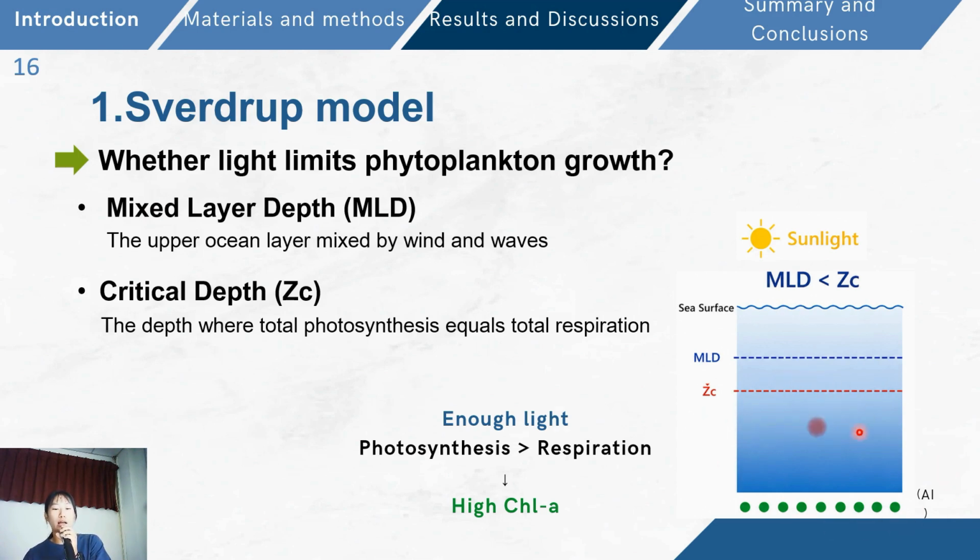Below this depth, the phytoplankton cannot get enough sunlight to grow. So in the model, when the mixed layer depth is shallower than the critical depth, the phytoplankton can grow, so there is higher chlorophyll.